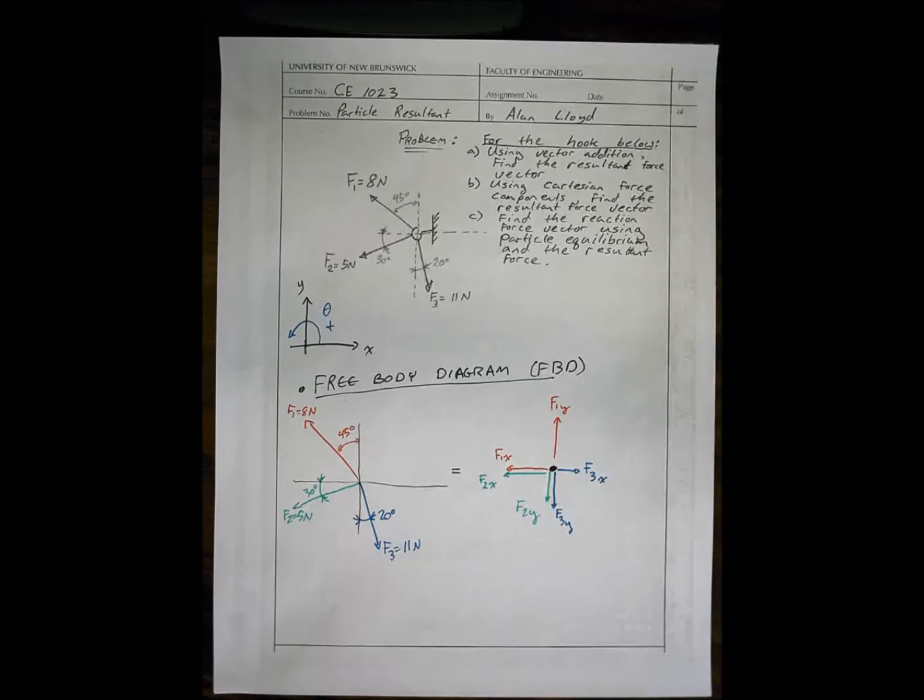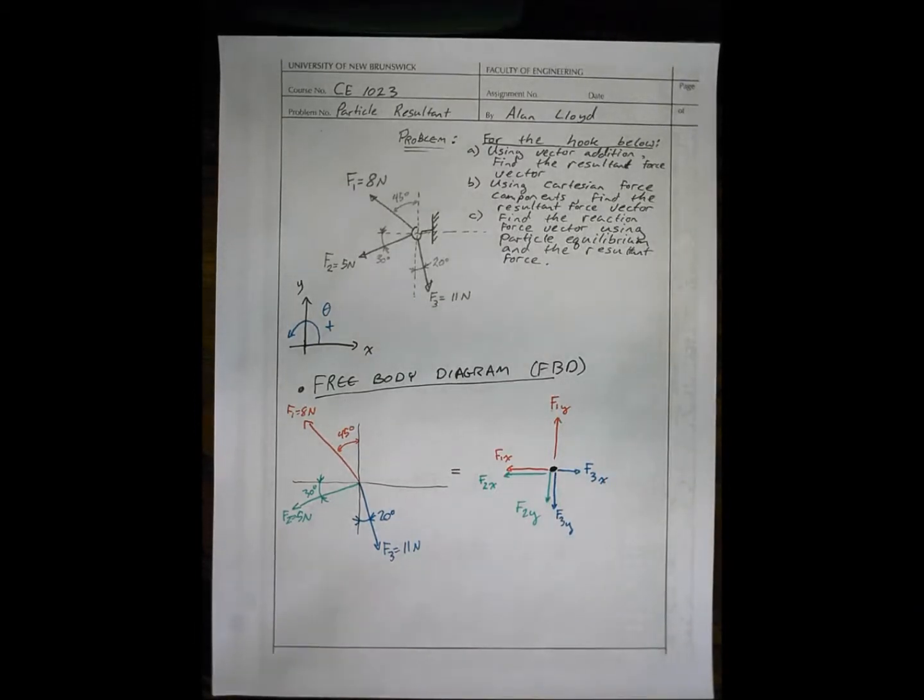So now if we want to determine the magnitudes of those x and y components using the force vector magnitude and their angles of rotation, then once we have the magnitudes in the x and y direction, since x and y are defined as orthogonal or perpendicular to each other, we can simply add up all of the forces in the x direction and all of the forces in the y direction to get our resultant x and y force components.